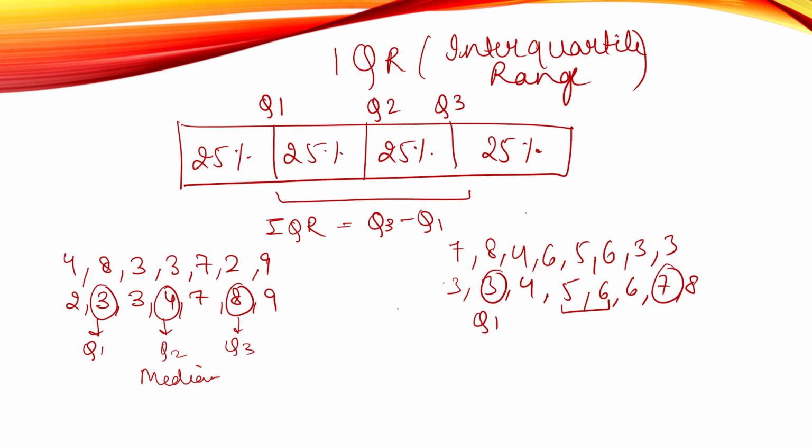So this will be Q1, Q3. Now Q2, how will we determine Q2? Q2 will be (5 plus 6) by 2, that is 5.5. So this is how you will divide it.